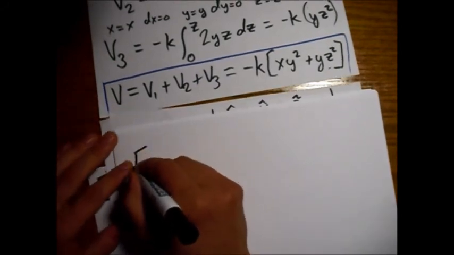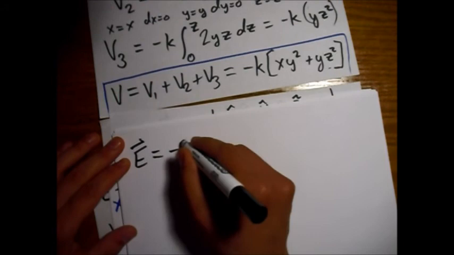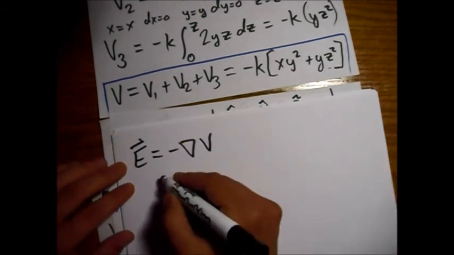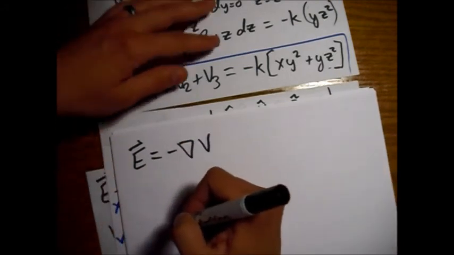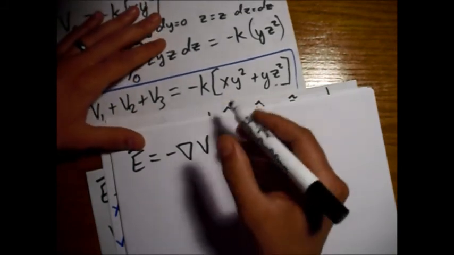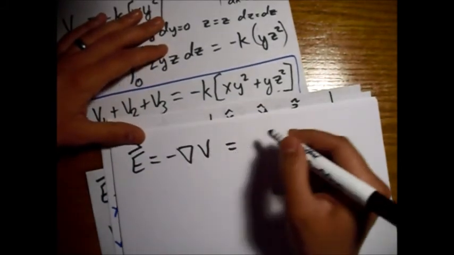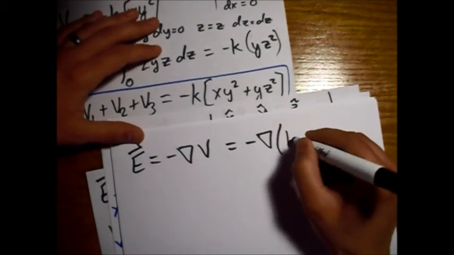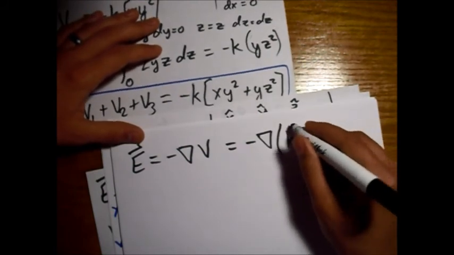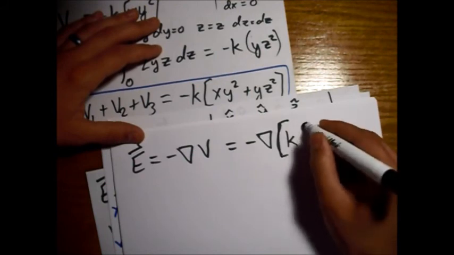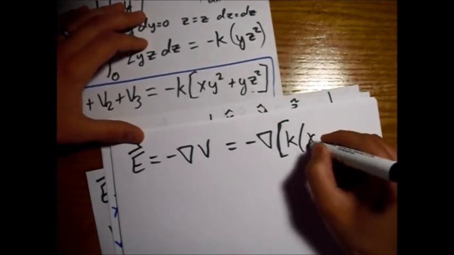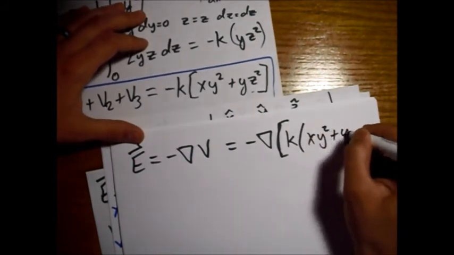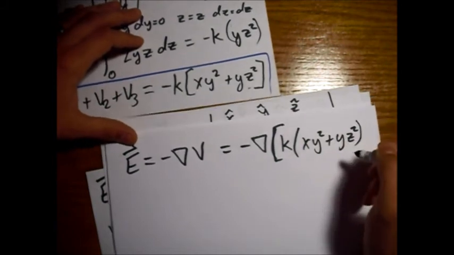So E is equal to minus the gradient of v, and so equals minus the gradient of k, put this in a bracket so it's clearer, xy squared plus yz squared.